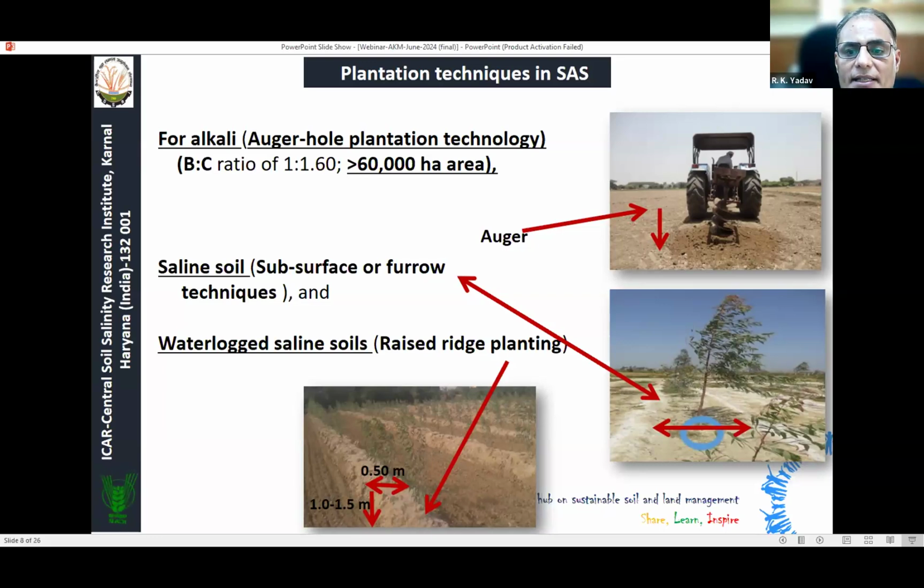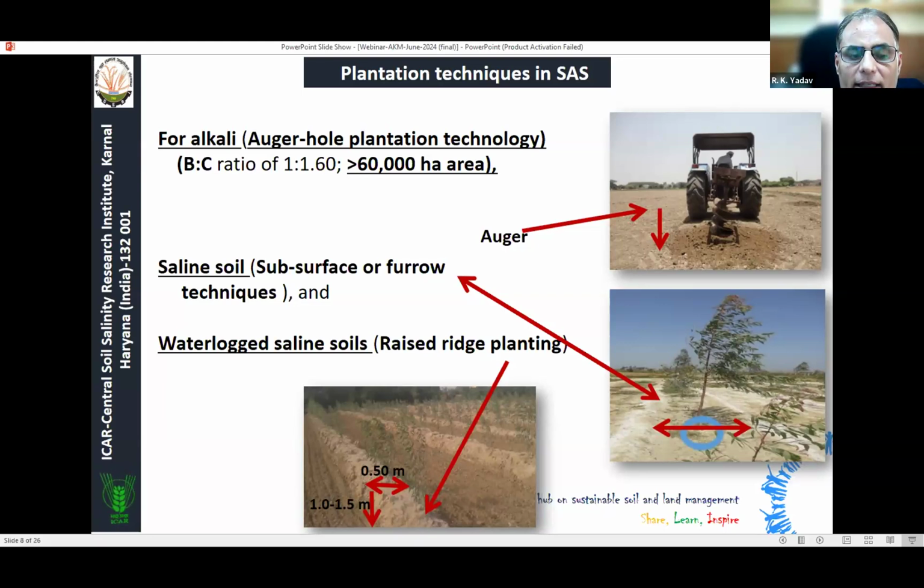And it's a very good technique to green the sodic areas. Then we have saline areas. For that, we have subsurface or furrow irrigation techniques. And in the photo, you can see that in the rhizosphere the salt load is less as compared to the outer periphery of the furrow.